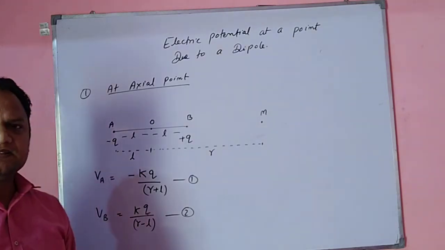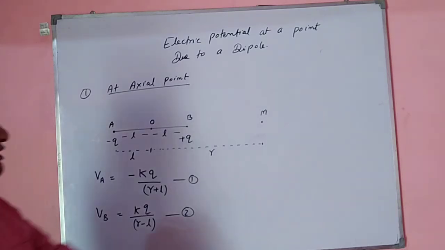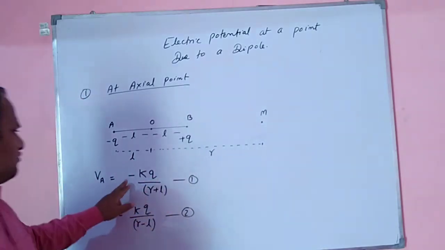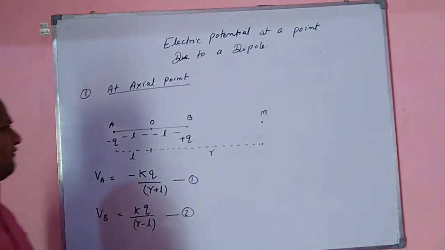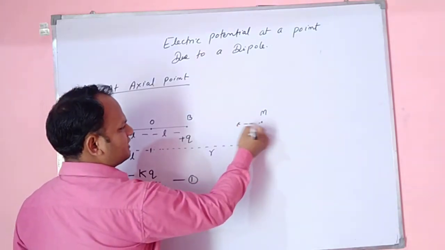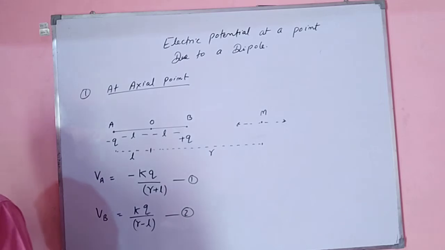Now the basic difference between the cases of electric field intensity and potential is, when we were calculating the electric field intensity, that time we were not using this negative sign. Instead of that, we were using the directions, whether it is in this direction or in that direction. That was much useful because that was a vector quantity.